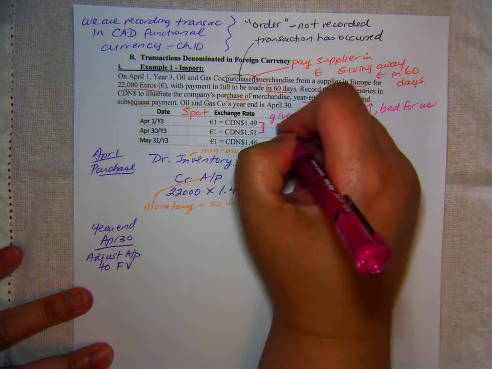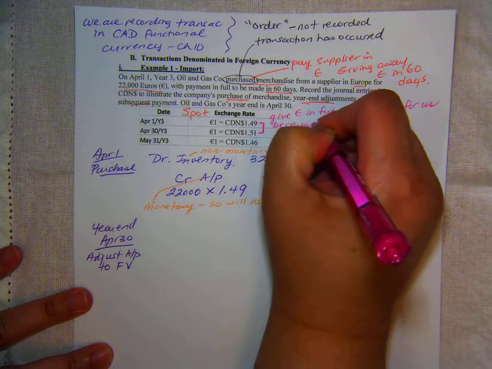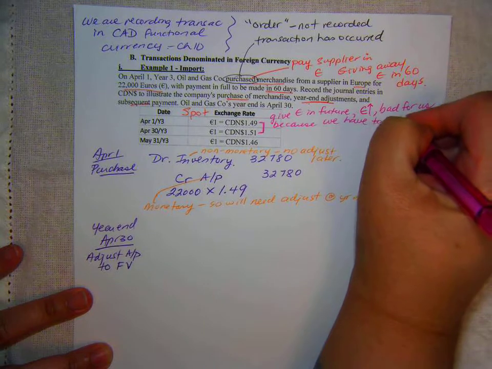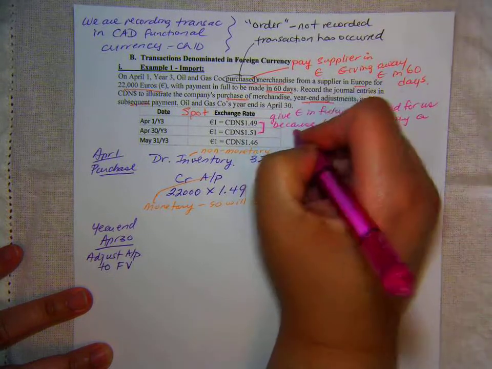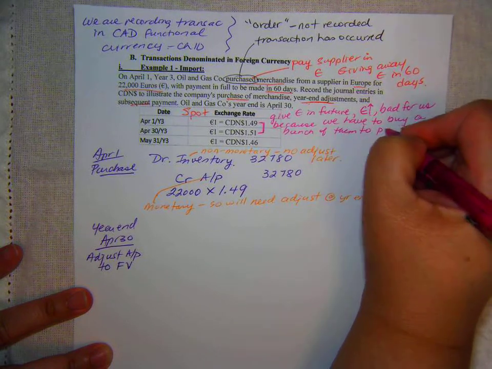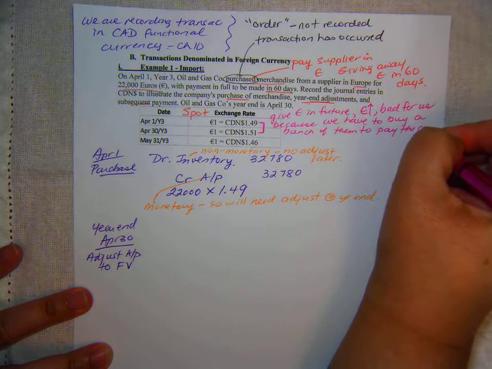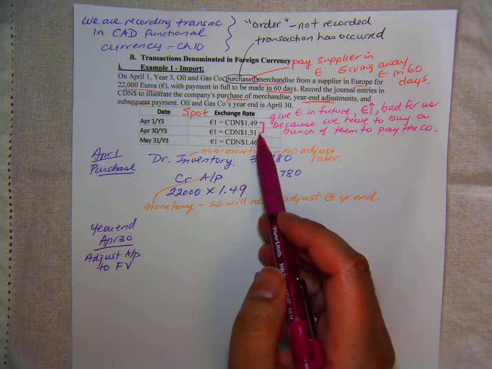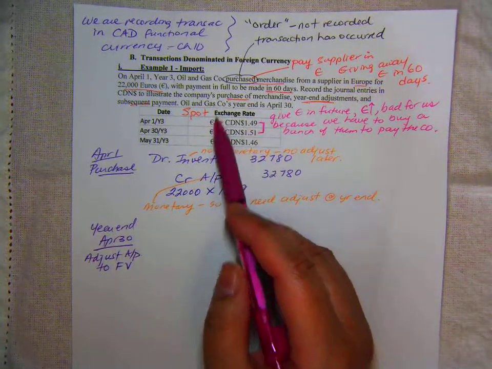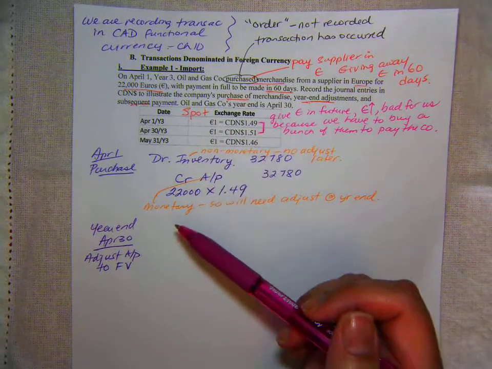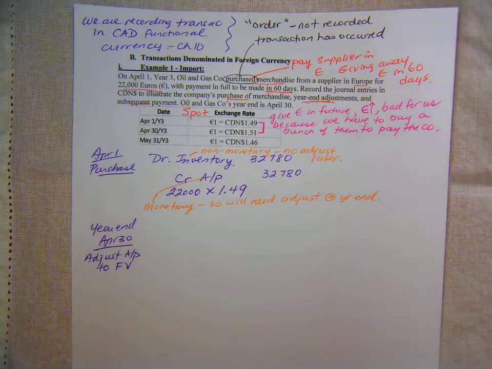So bad for us because we have to buy a bunch of them to give to the company. It just got more expensive to fill our wheelbarrow with euros or with pens, because now we're paying 2 cents more for every euro, or pen, whichever way you want to think of it. So that's bad for us.